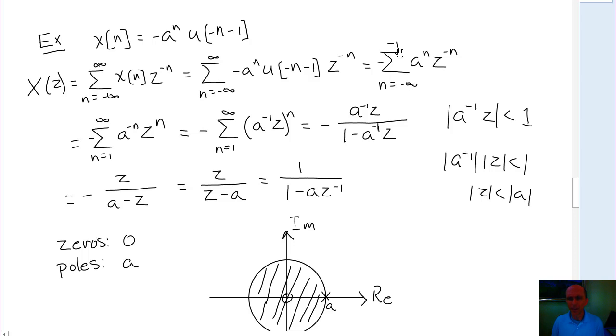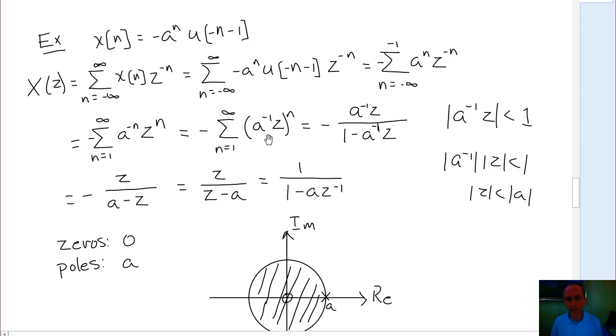Now, instead of having negative values here, I would rather have positive values. So let me change n for negative n. And so I'm going to change this minus infinity to plus infinity, minus 1 to 1, and then the minus n's, the n is going to be minus n, and the minus n here is going to be n. And so this is a summation from 1 to infinity, of course, then we can solve it.